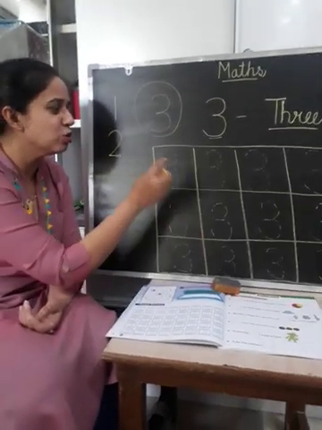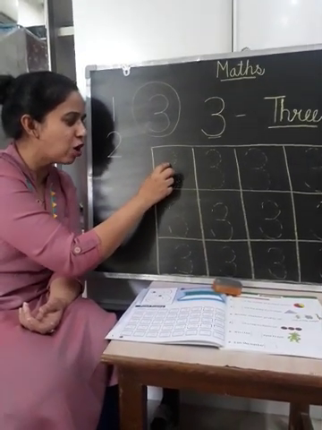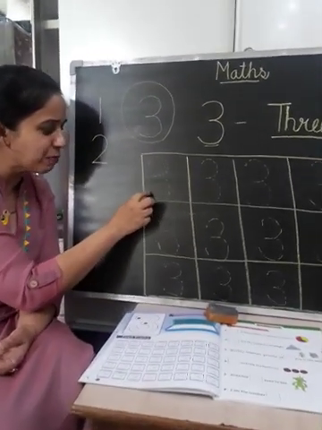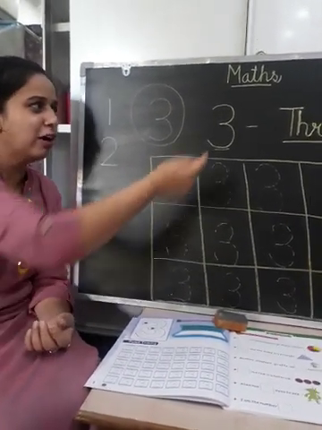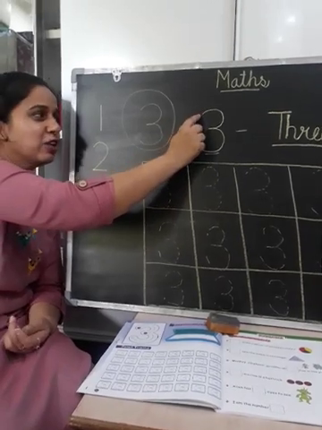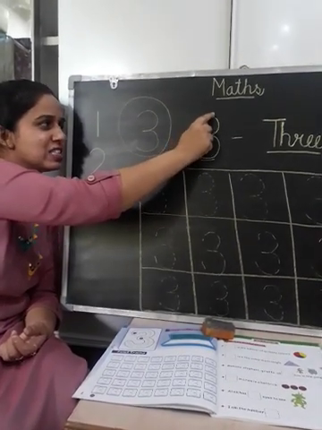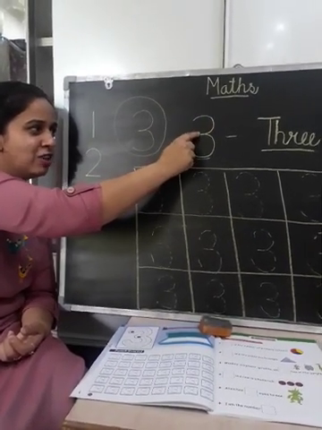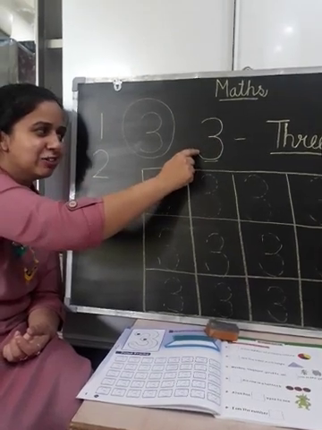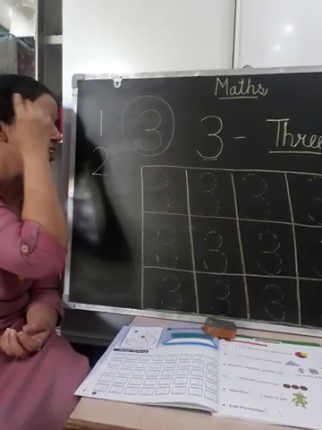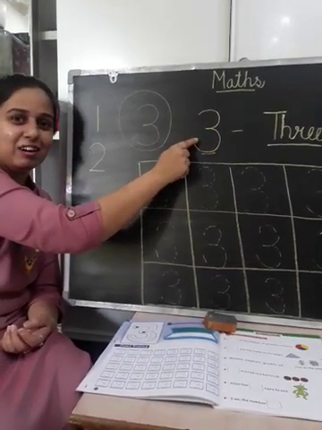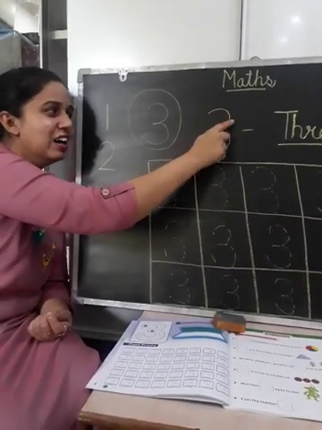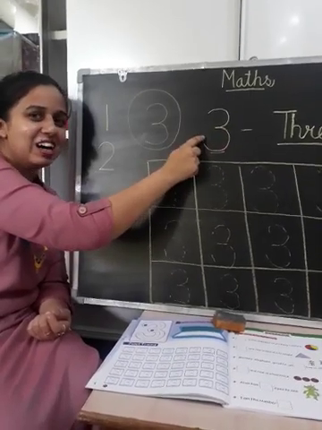As you all know, you just have to trace these dots. Can you put your finger on this tree and move it like this? A curve, then another curve. It is so simple.